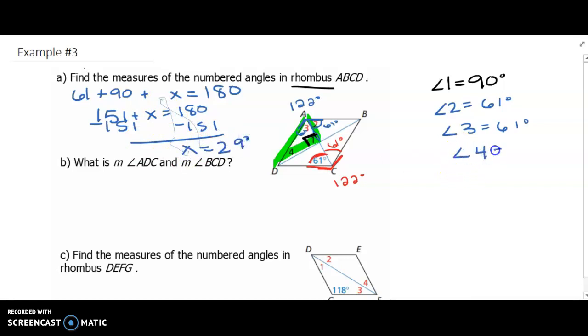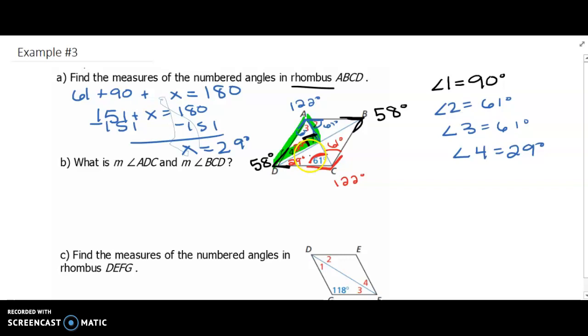So angle 4 is 29 degrees. All right, so if angle 4 is 29 degrees, that means this here has to be 29 degrees as well. Okay, which means this whole thing is 29 plus 29, which is 58 degrees. And if this whole thing is 58 degrees, properties of a parallelogram, this whole thing is 58 degrees as well.